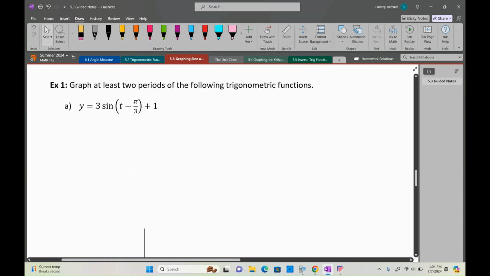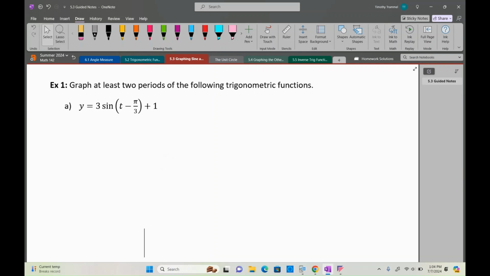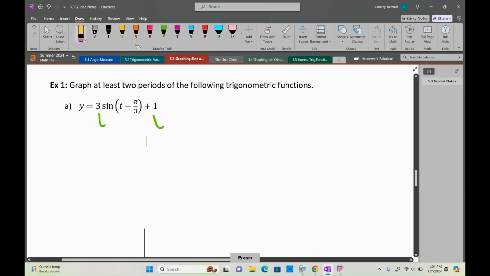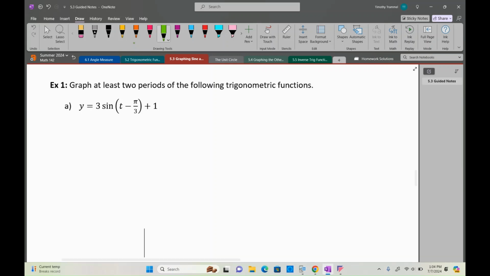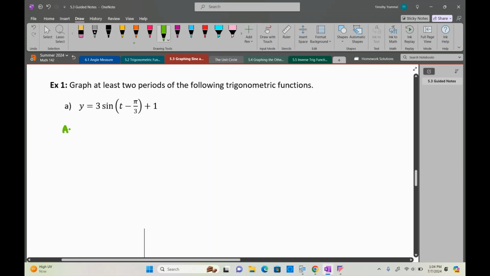So example 1 here. So this one, we can see it has a various number of transformations here. One thing I'm seeing is this 3 and this 1 here. So I know that my amplitude, which I'm going to think about here as being very close to the same thing as my vertical stretch, my amplitude is 1, or A is equal to 1.